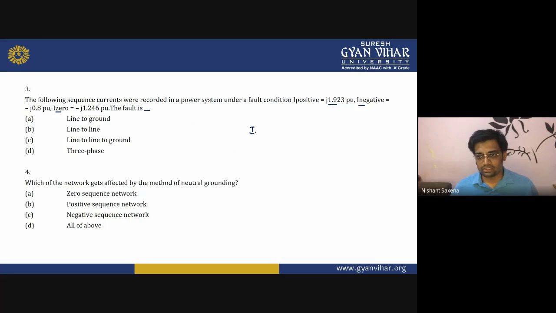The positive sequence current IA1 is given as j1.923, IA2 is given as minus j0.8 per unit, and IA0 is given as minus j1.246 per unit. Now, how can we identify the type of fault?